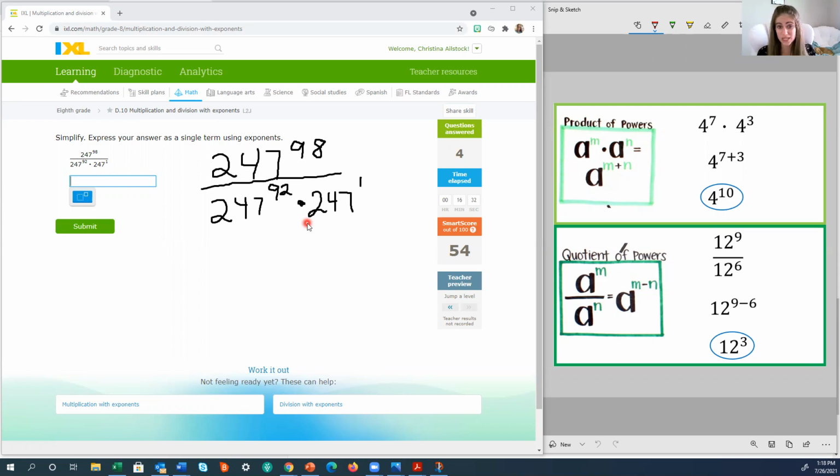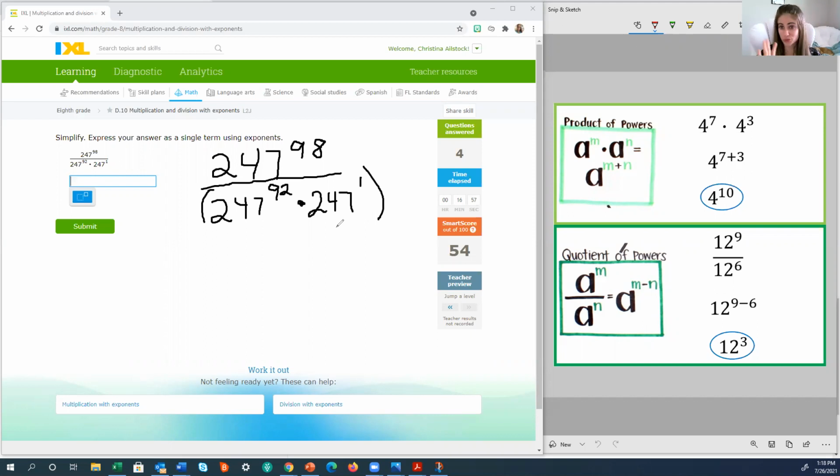And one grouping symbol is a fraction bar, because I can't divide until both the numerator and the denominator are simplified. So this right here, it's like it's grouped together. I need to simplify that to make it one exponent. Then I can use the quotient of powers and divide.